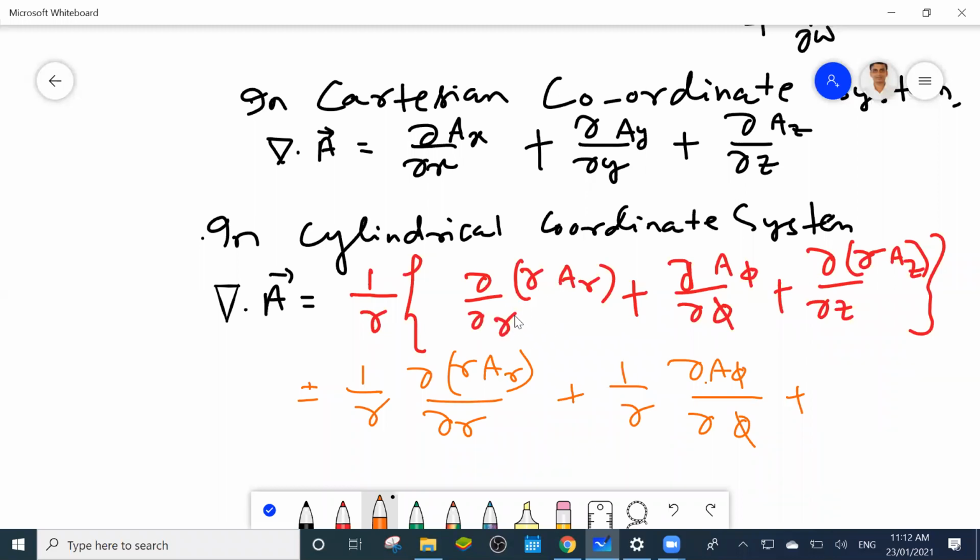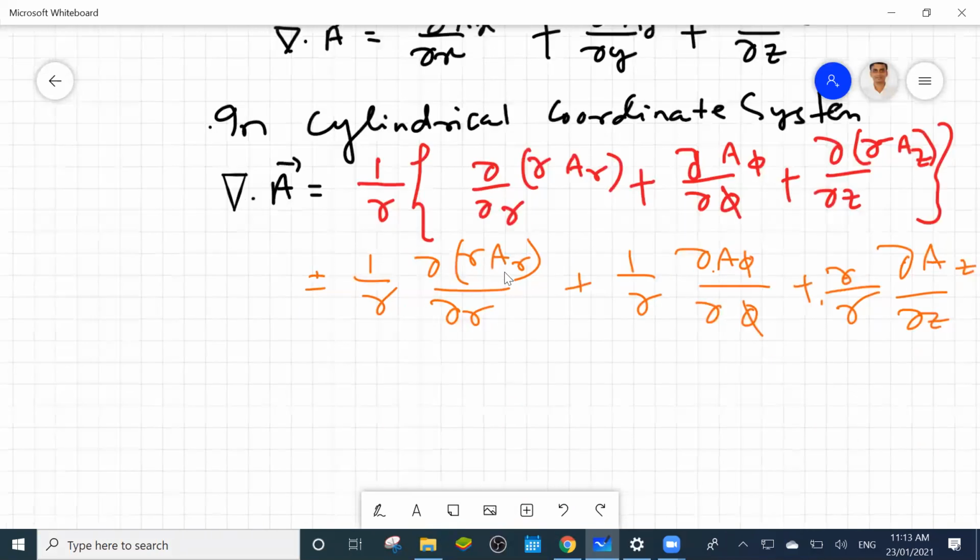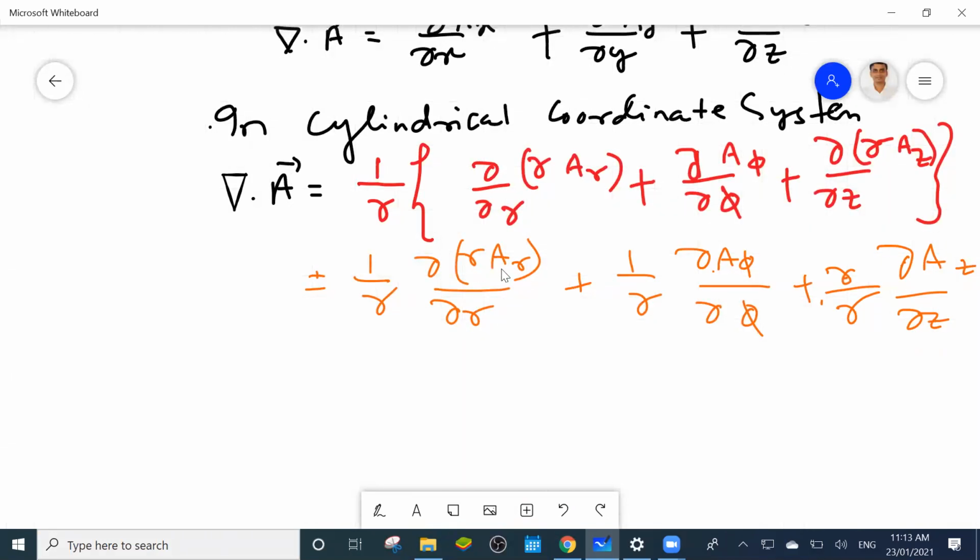Because this is a partial derivative with respect to R. So I am writing R here, but here this is a partial derivative with respect to Z, the Z component. So here R is constant.